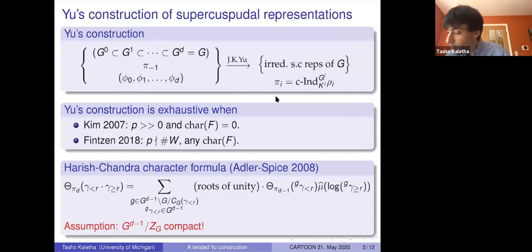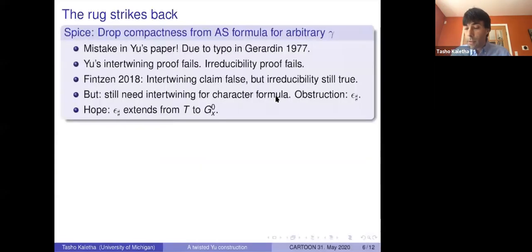So the point x is part of the Yu datum. And what Spice observed is that if this character would extend to the stabilizer of that point, then one could reparameterize Yu's construction and in this way restore the intertwining claim.